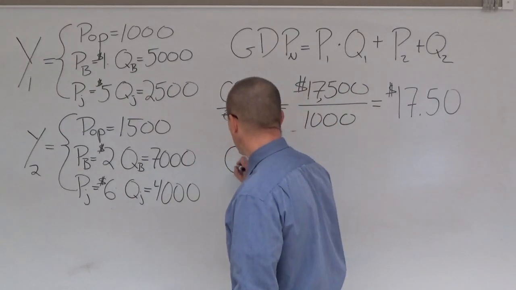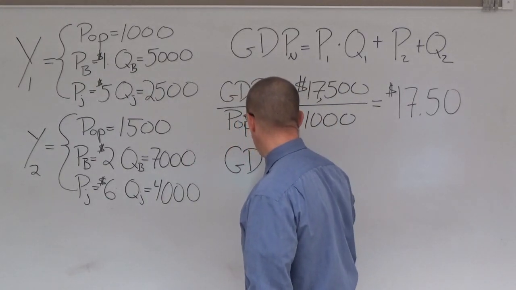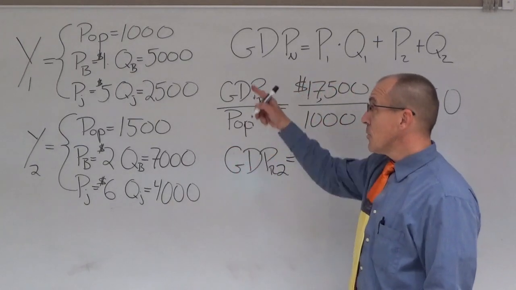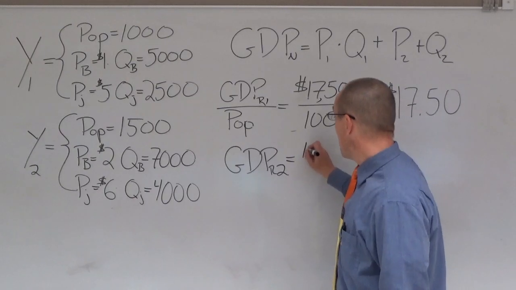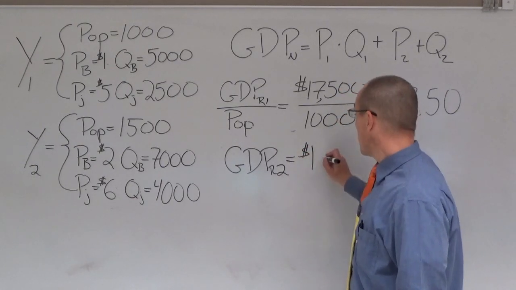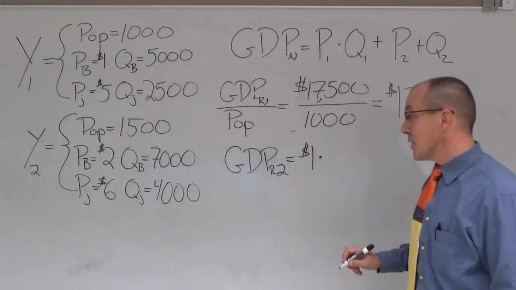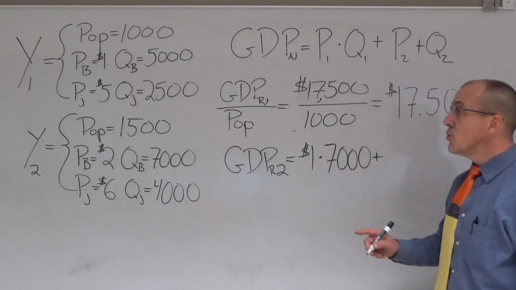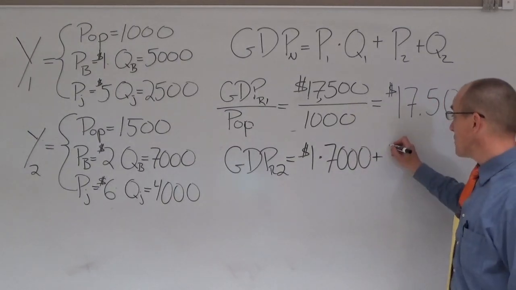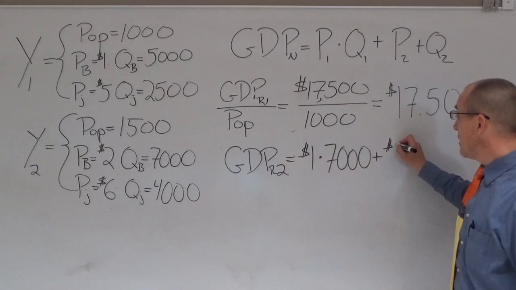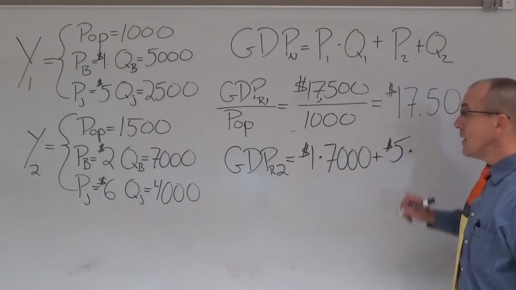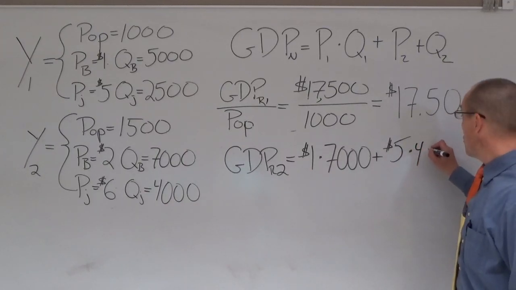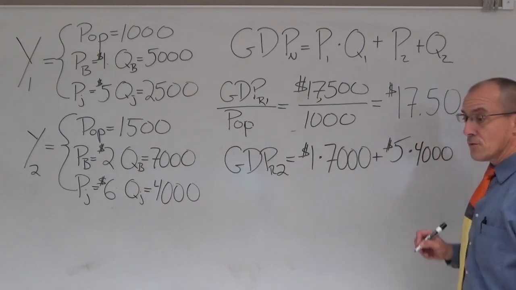So, GDP real for year 2, what I'll do is take the price of year 1 for boxes of spaghetti, $1, multiply that times the quantity of boxes of spaghetti in year 2, 7,000, add that to the price of jars of spaghetti sauce in year 1, $5, times the number of jars of spaghetti sauce in year 2, which is 4,000.